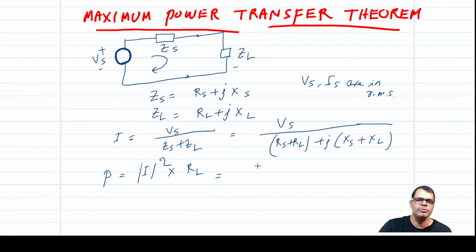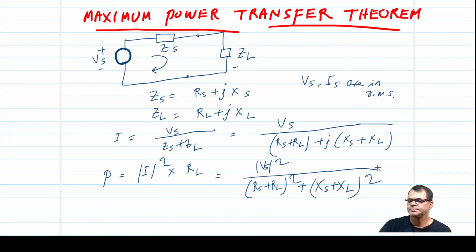So the power will be the magnitude of Vs square upon (Rs plus RL) square plus (Xs plus XL) square, right?